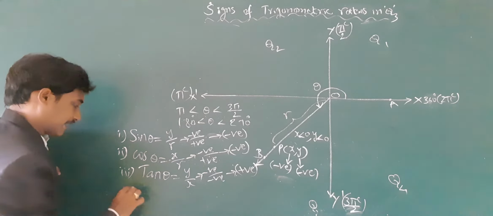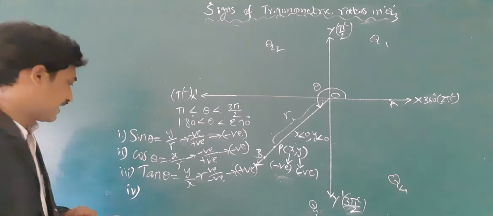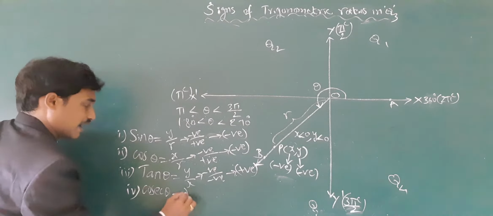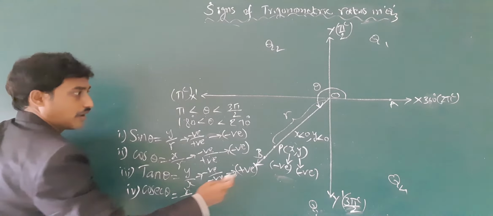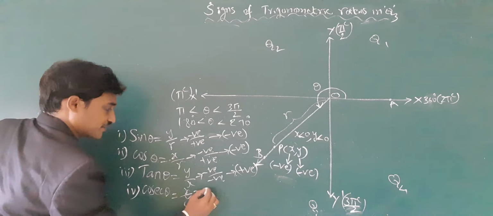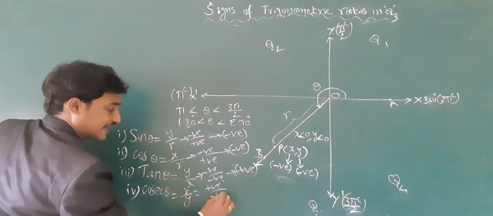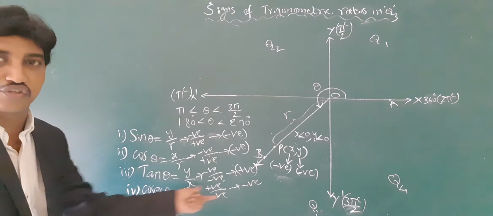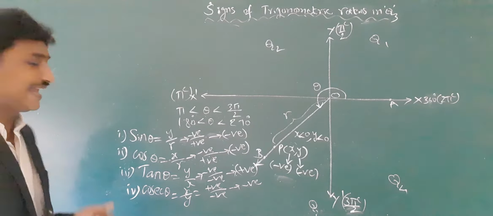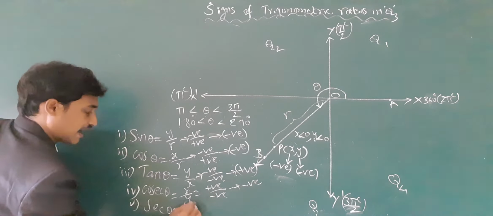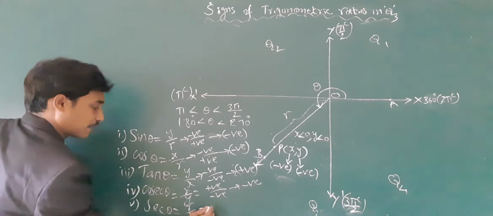Next, cosecant theta is equal to r by y. R is positive, y is negative. Positive by negative, negative. So cosecant theta is also negative. Next, secant theta is r by x.